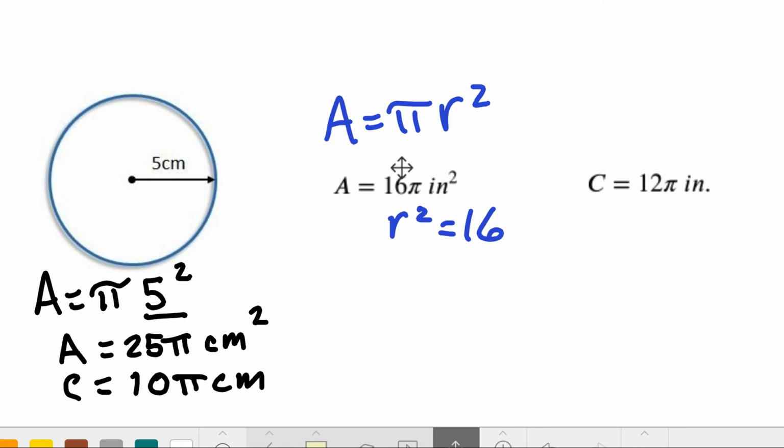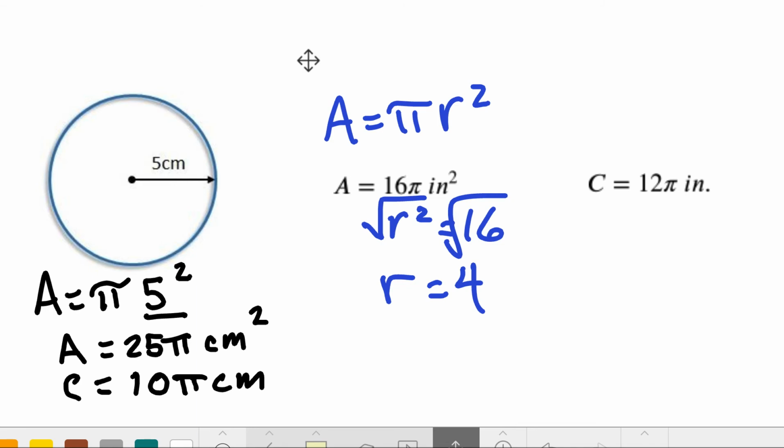So r is going to be whatever the square root of 16 is, whatever number multiplied by itself gives us 16. When I take the square root of r squared and the square root of 16, I get that the radius is equal to 4.